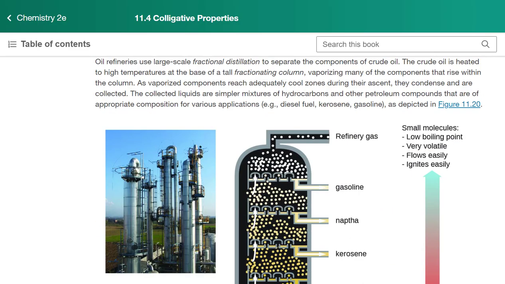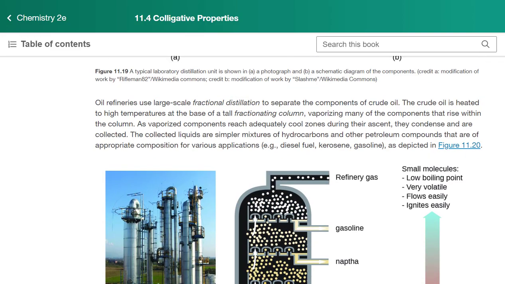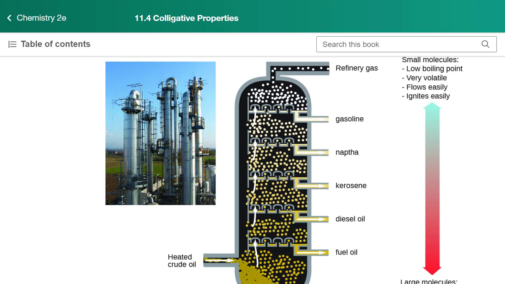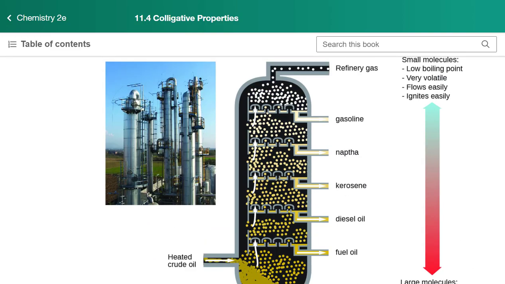Distillation is used in processing many carbon-based fuels. So the crude oil is separated in these large columns into different types of substances that are used as different types of fuel.